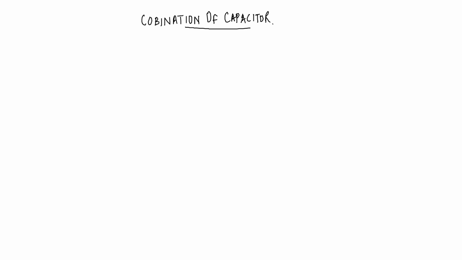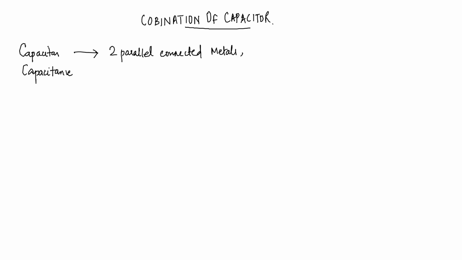As we have read already, capacitors have capacitance. They are made up of two parallel connected metals. These metallic plates have some area and they are separated by a distance of d.